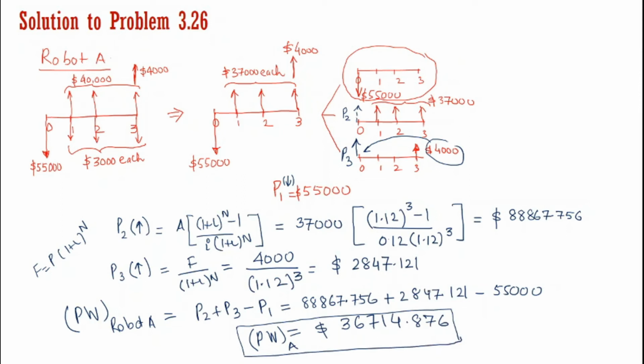On similar lines, we can draw the cash flow for robo B and robo C. Just for your convenience, I may write the formula directly.